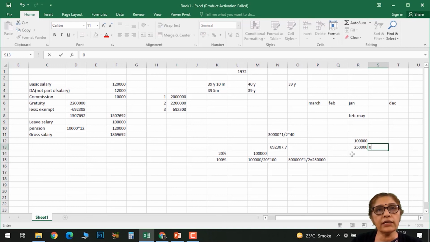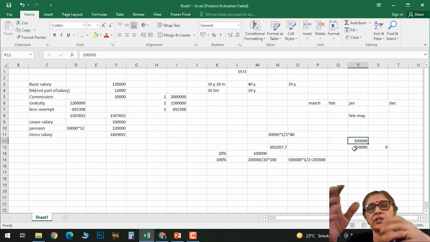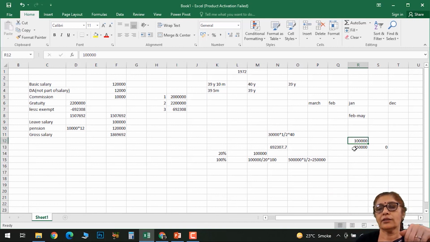There is normally a tendency for students to deduct the lower figure from the higher figure. We don't have to do that. It is the amount received less the amount exempted. And if exempted is more than received, that means you have an exemption up to 2.5 lakhs, but since you are getting only 1 lakh, the entire commuted pension is exempt.